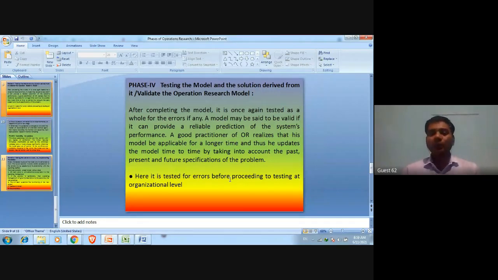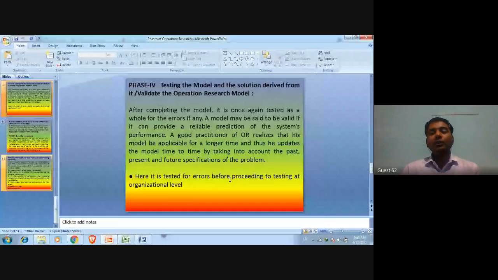Suppose you are running a business and you want it to run for a long time. So what will you do? You will update your business from time to time. Similarly, operations research specialists also update their models from time to time according to the conditions. How?